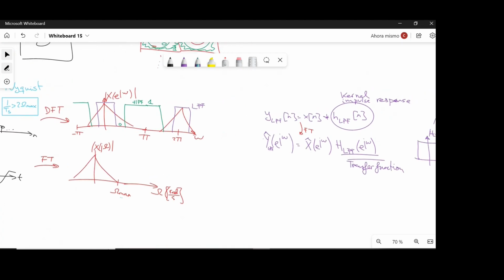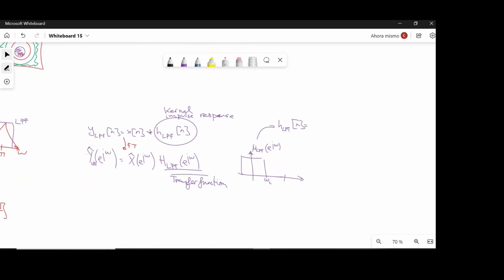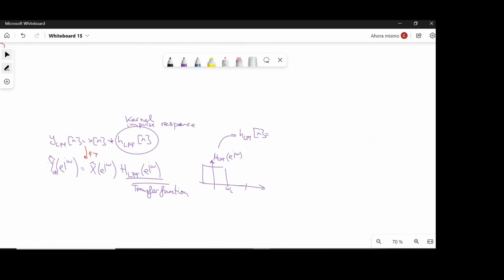In these discrete signals, it's not a sinc, but it is something very similar to a sinc. You would have to look specifically at the formulas, but it is something divided by 2, divided by sine, and so on.